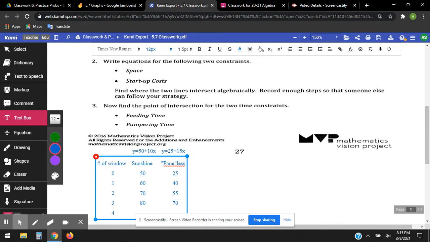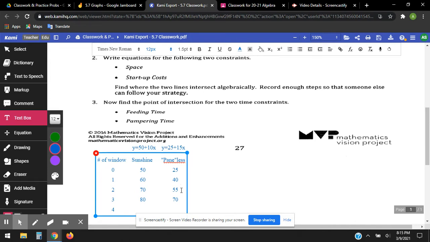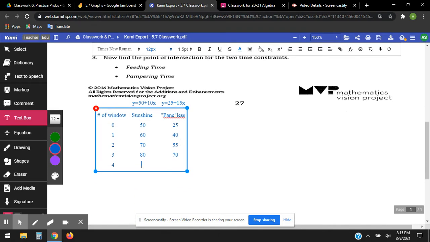For 4 windows, another 10 is 90. Another 15 is 85. Notice we're closing the gap here. Now we're at 100, 85 plus 15 is 100.